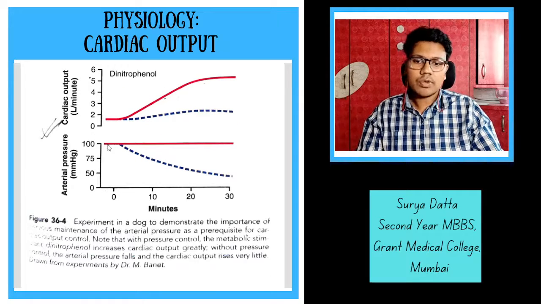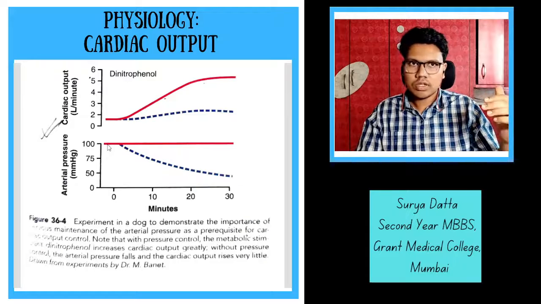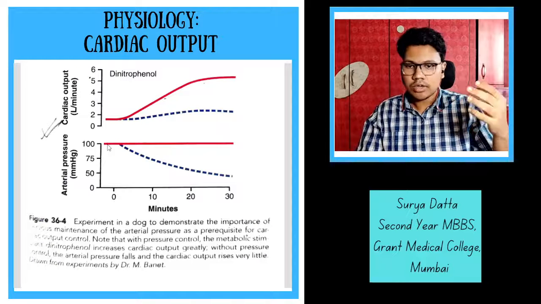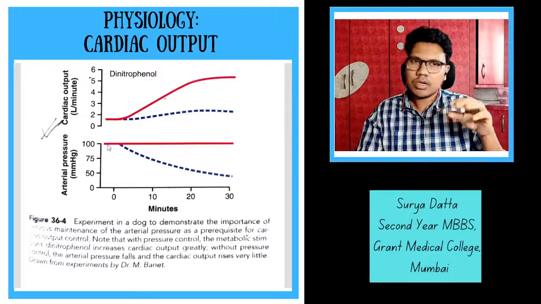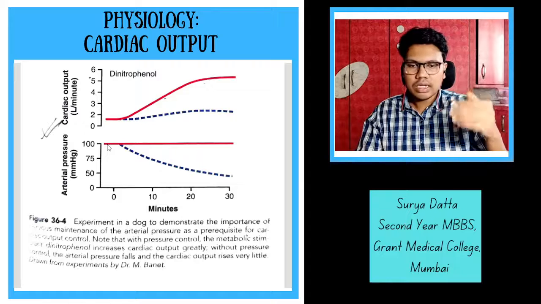Here we have the arterial pressure. Now, ideally, we want the arterial pressure to remain the same, and this can be used as a slight trick or a rule of thumb. Whenever there's a question in physiology asking how this will affect the arterial pressure or the cardiac output, if it's a normal question, not introducing any pathology or any imbalance, the arterial pressure mostly will never change, because the body will by itself try to control the arterial pressure to its natural level.